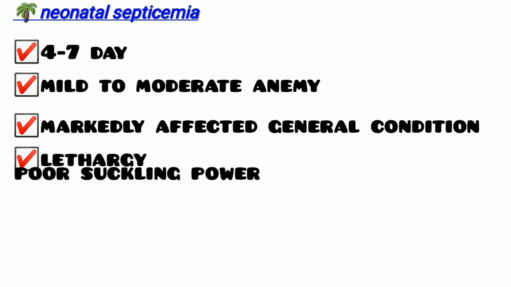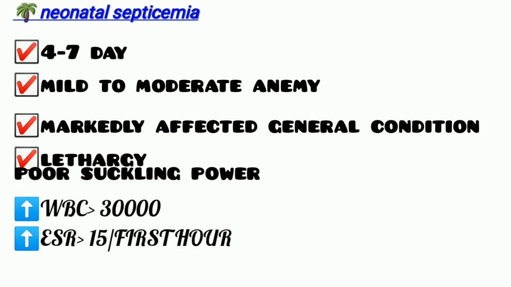In severe cases, serious complications may occur such as septic shock, renal failure, and disseminated intravascular coagulation. Laboratory investigations will show a high total WBC count that may exceed 30,000 per cubic millimeter, an erythrocyte sedimentation rate exceeding 15 millimeter in the first hour, and C-reactive protein usually above 20 mg per liter.